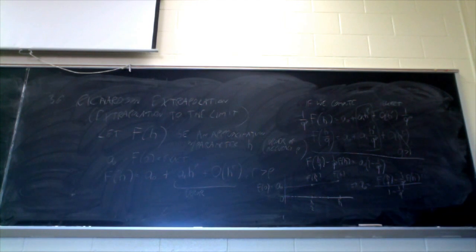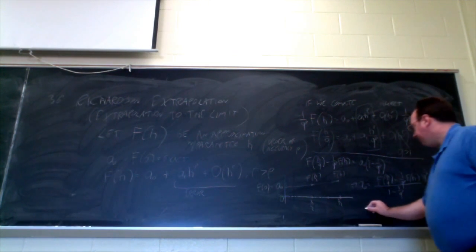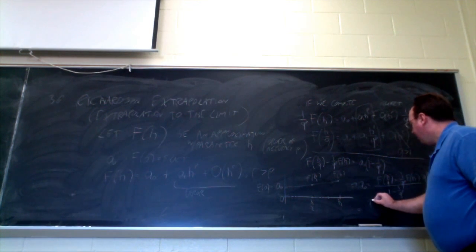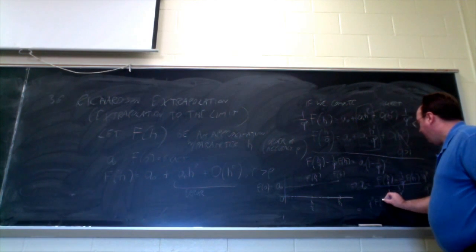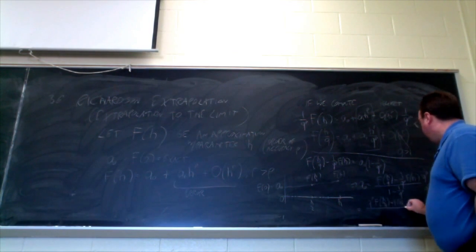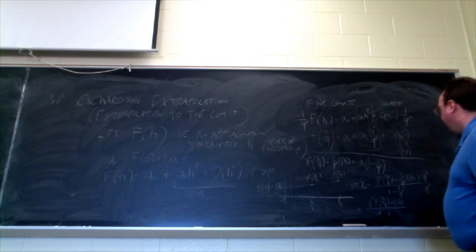To simplify this mess, I'm going to multiply top and bottom by q to the p. So now I have q to the p f of h over q minus f of h, over q to the p minus 1.